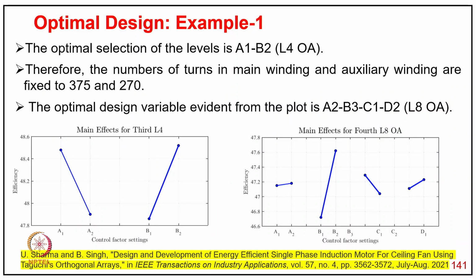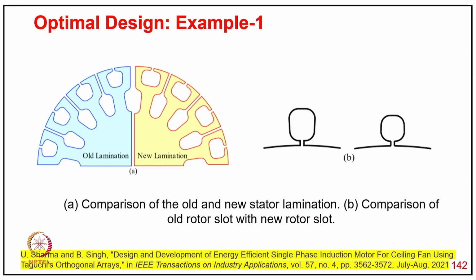Then the optimal selection of levels A1 and B2 on the L4 OA. Therefore, the number of turns in main winding and auxiliary winding are selected as 375 and 70, and the optimal variables evident from plots are A2, B3, C1, C2 on the L18, again the efficiency with the control variable main effect of the third OA and main effect of this.